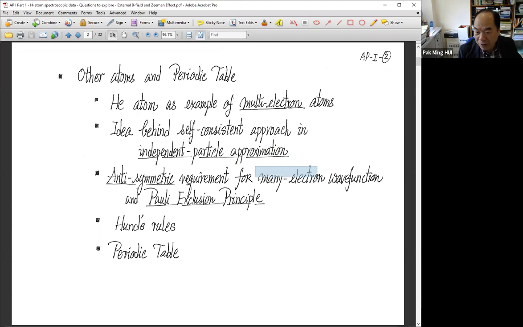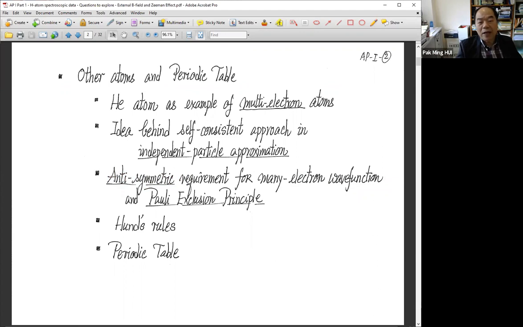Hydrogen is single electron, so we can avoid how to write a 2-electron wave function, for example, but now we cannot. So we'll have to introduce some rather interesting ideas. The electron wave function must be antisymmetric. There is a symmetry requirement. And then at the end, we will try to make sense out of the periodic table. So that is our plan.